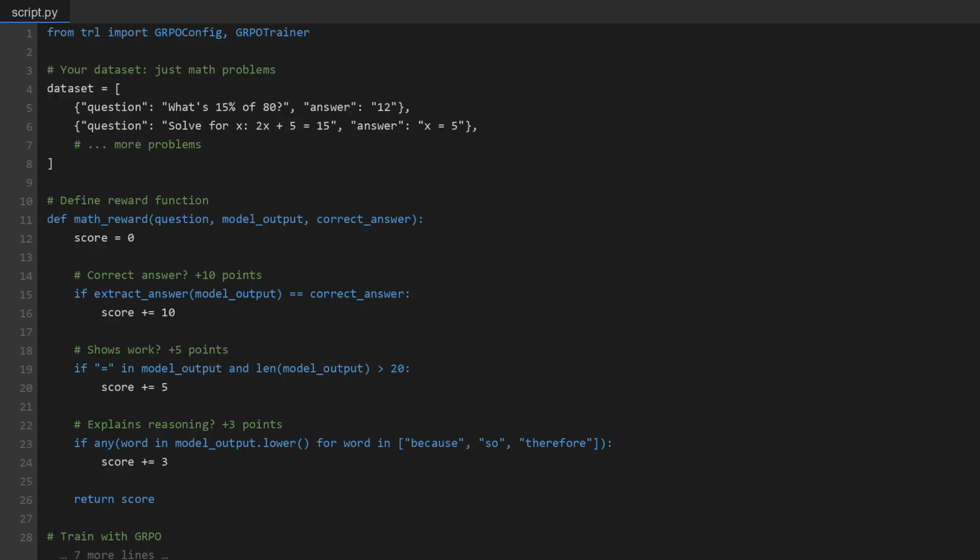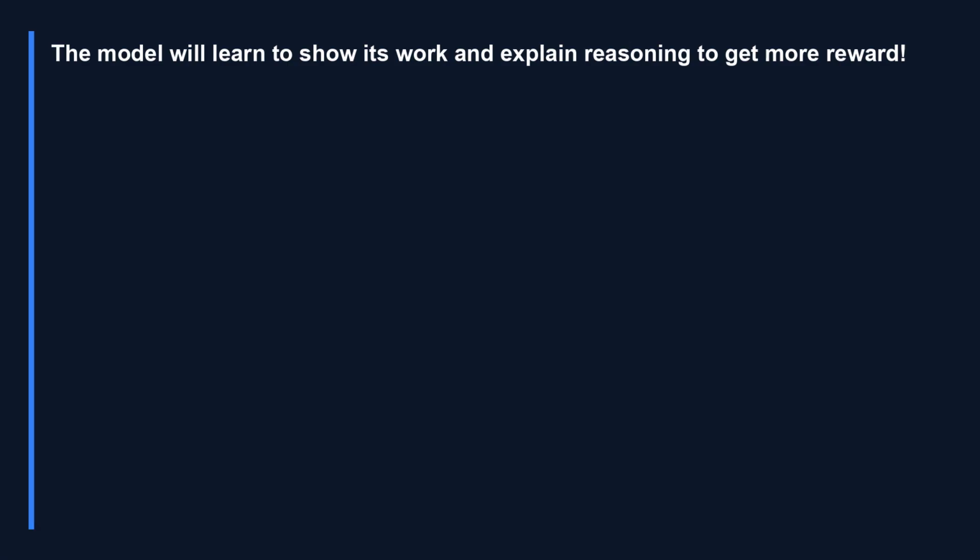When training runs, you'll see loss metrics and reward scores in the output. Watch the reward scores. They should trend upward as the model learns to produce higher quality, better reasoned responses. The model learns to show its work because showing its work is what earns reward. That's the elegant core of the whole approach. You don't teach reasoning directly, you incentivize it.